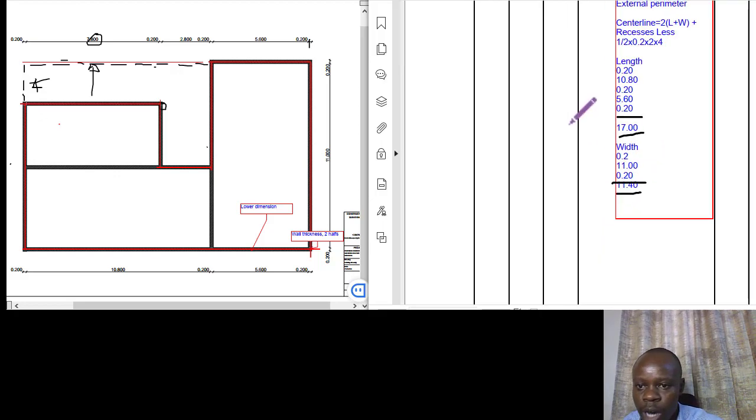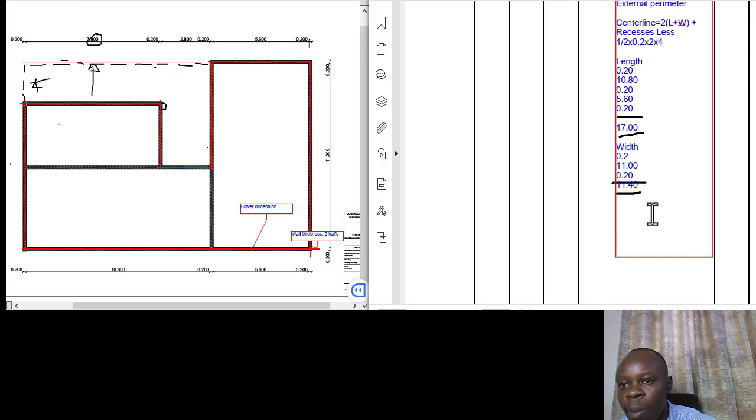Yes, so moving on, for us to get our center line that we are talking about today, we've already calculated the length and the width based on the external faces of this particular plan. Now we input the items that are missing in our formula to find out the center line for this particular plan.